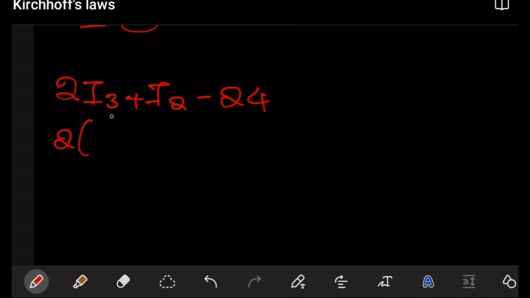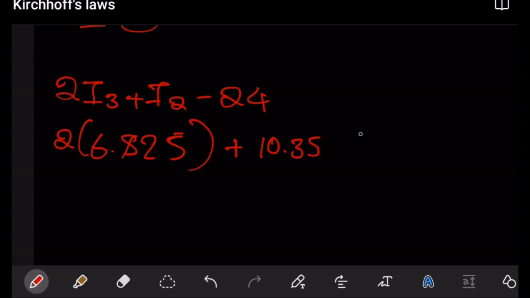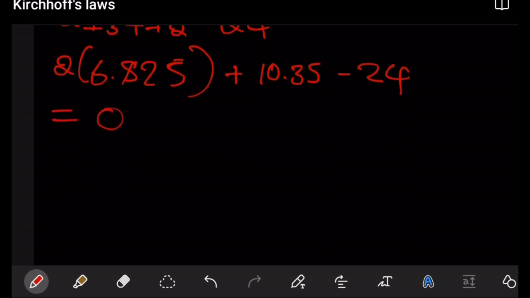So again, substitute the value of I3 and the value of I2. So for I3, we have 6.825. And then for I2, we have 10.35, minus 24. Again, we see this gives us 0.